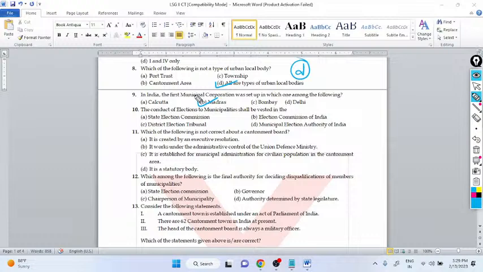The conduct of elections to municipalities shall be vested in the State Election Commission. Okay.